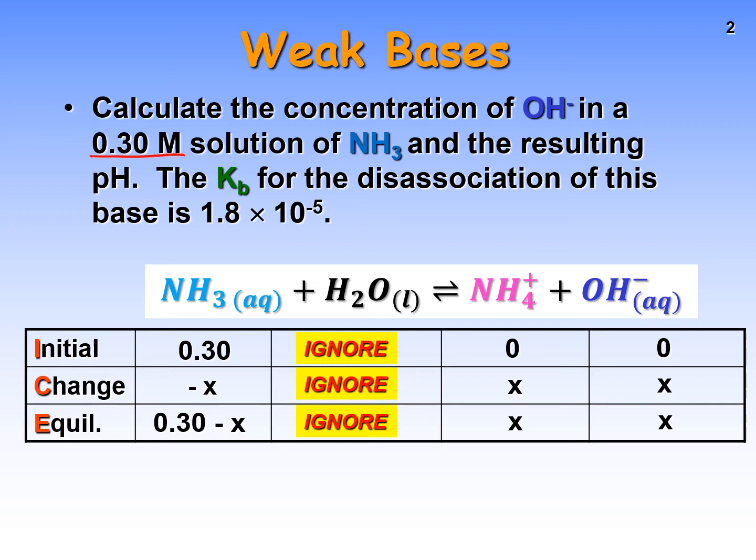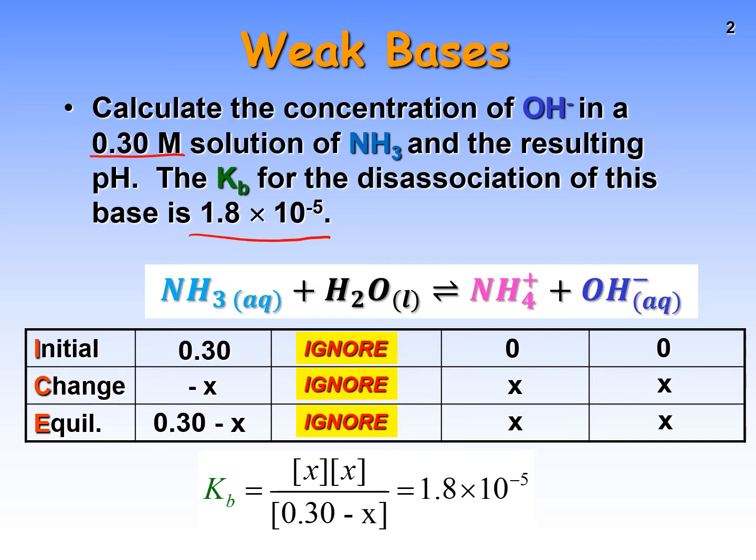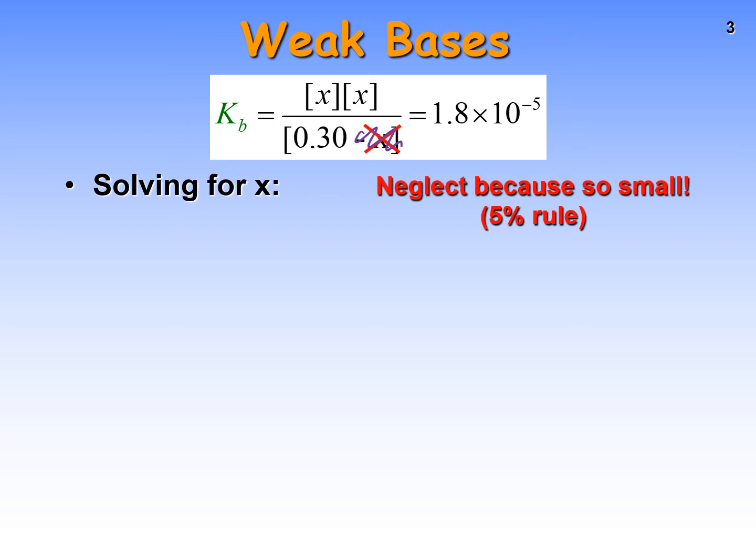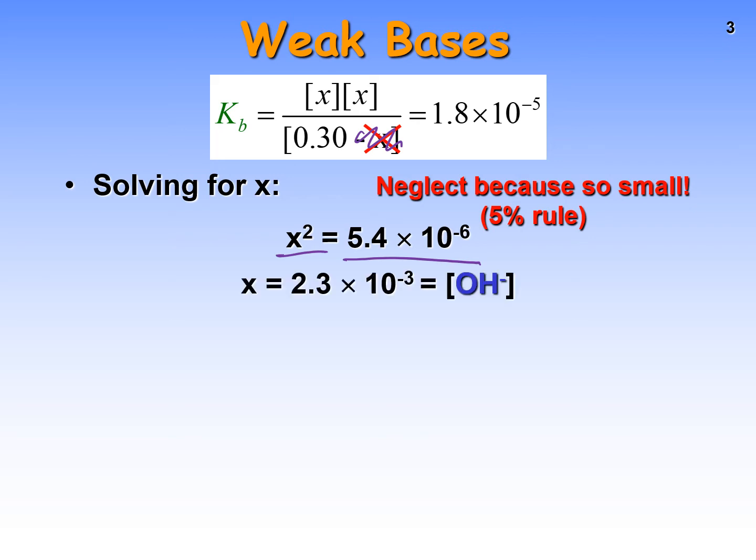Now we can set this all equal to our Kb value, again, products over reactants. I am going to use the 5% rule here, which simplifies the problem significantly. We can multiply both sides by 0.3 to get x squared equal to 5.4 times 10 to the negative 6, and then square root both sides to get x, which is 2.3 times 10 to the negative 3.